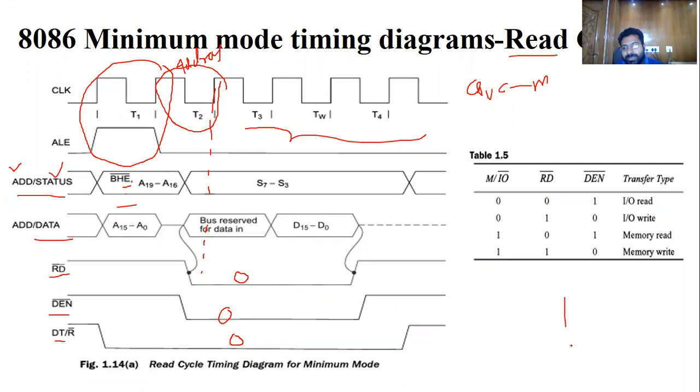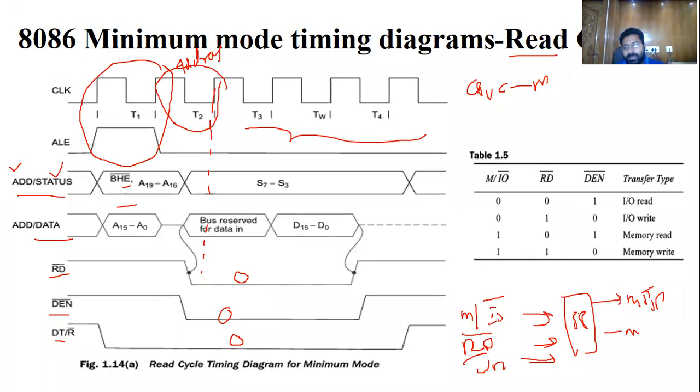If it is 0, 0, 1, it is IO read. If it is 0, 1, 0, IO write, input output write. If it is 1, 0, 1, memory read. 1, 1, 0, it is memory write.